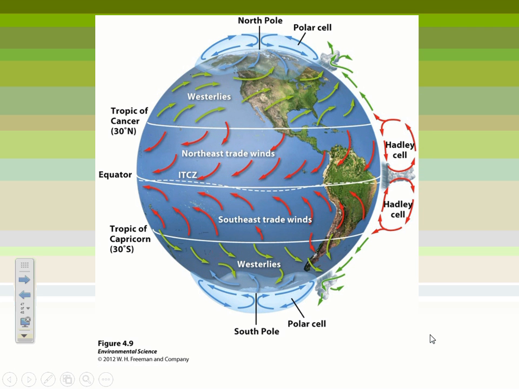This diagram here includes the intertropical convergence zone, which fluctuates depending on the time of the year and how much or where the solar radiation is coming from. And that is what this intertropical convergence zone is, where that hot air is rising for that Hadley cell and producing that precipitation.